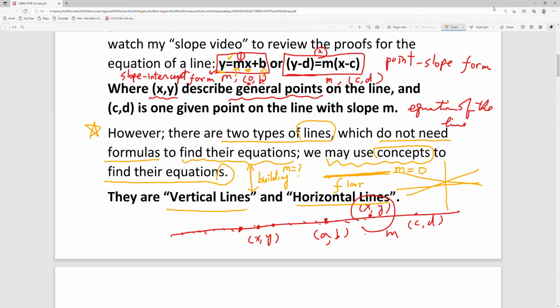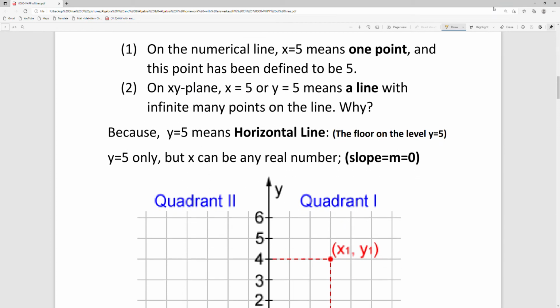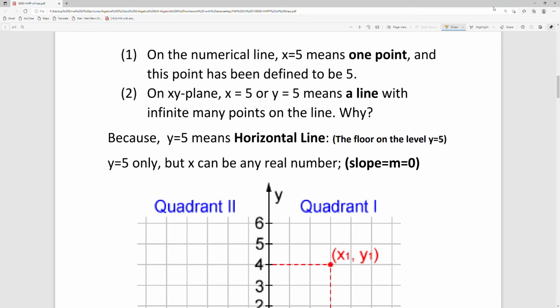That's what we want to emphasize and learn for today. Okay. So number 1, on the number line, if you have x equals 5, just 1 dimension.